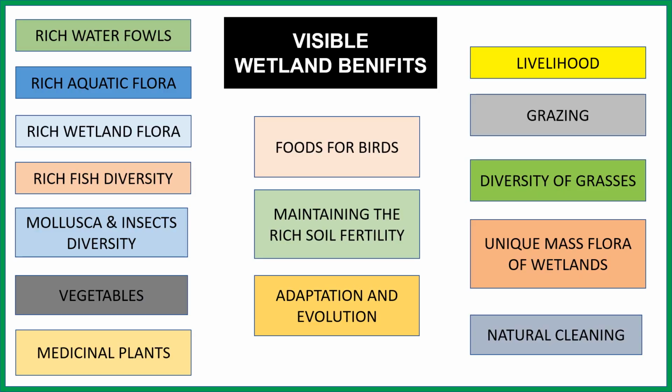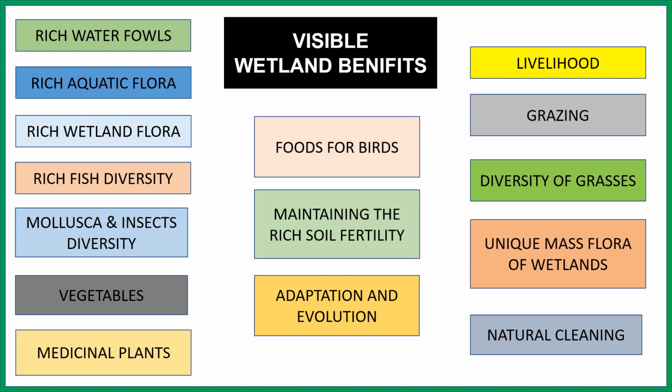In the case study of Ansupa Lake, we have seen certain visible wetland benefits that we generally know or read when studying a wetland ecosystem. So what are those? There is a rich waterfowl or water bird diversity, a rich aquatic flora, and a rich wetland flora.